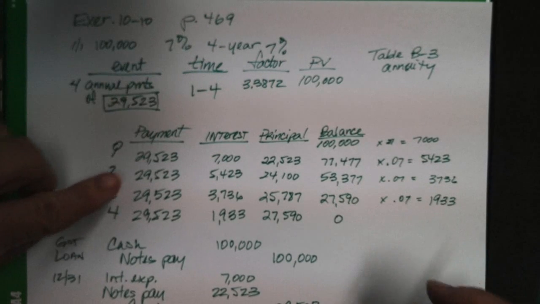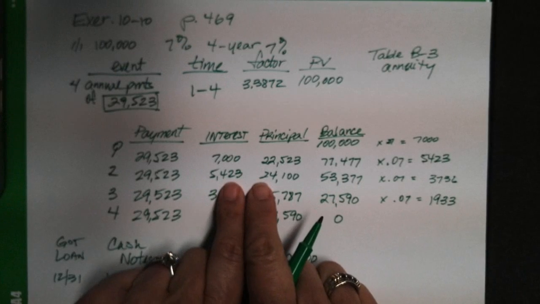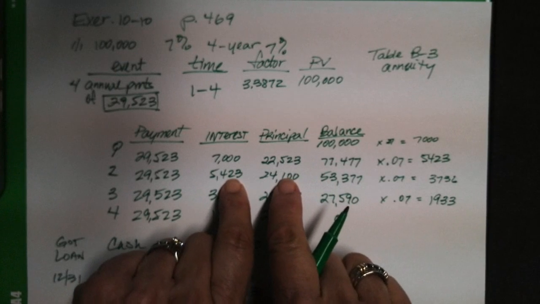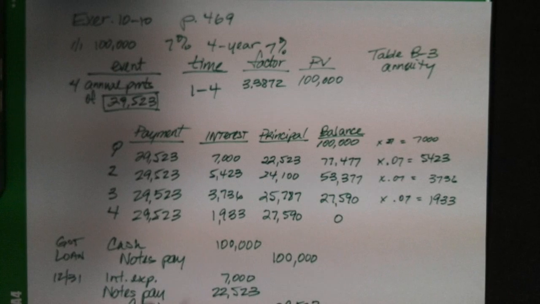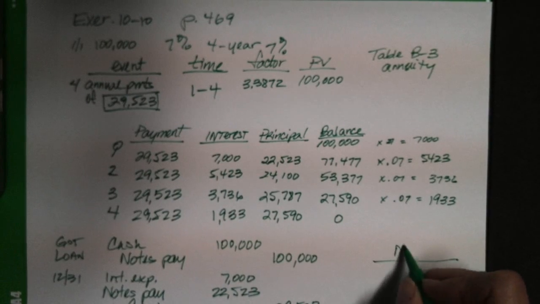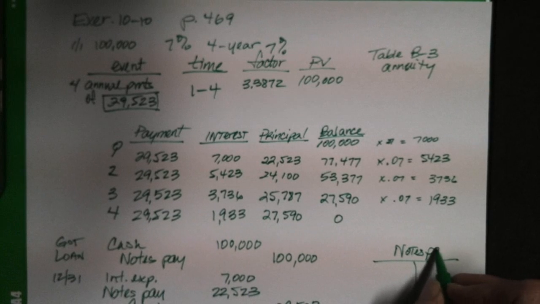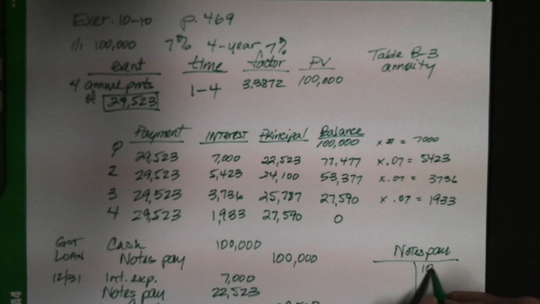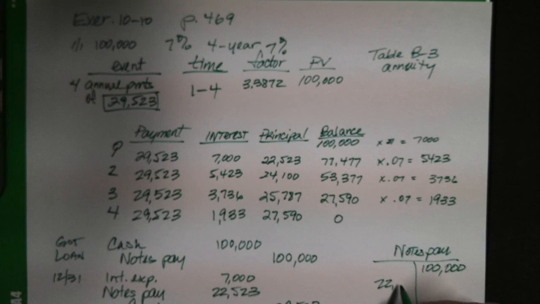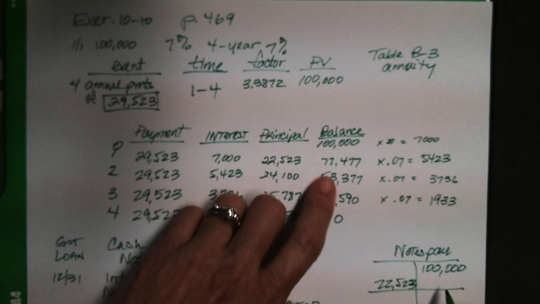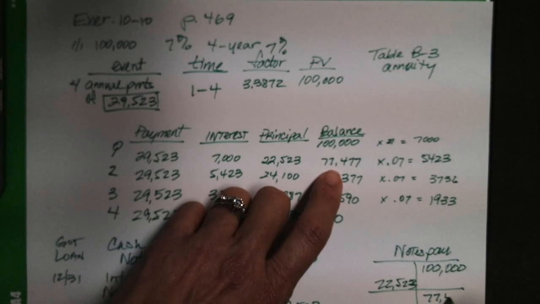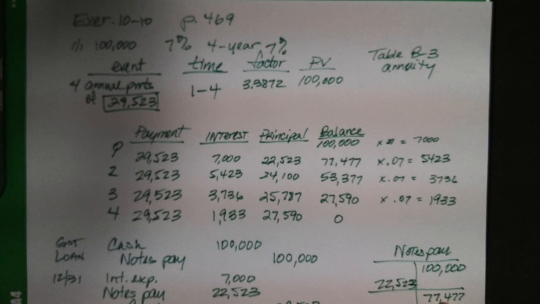Each year, I would make a journal entry recording interest expense, reducing notes payable, and crediting cash for all 4 years. If I was keeping a general ledger balance of my notes payable, I would start out with that $100,000. I'd make that first payment. See where I debited notes payable? And then sure enough, I would have $77,477 left in the general ledger. I think you can do that.